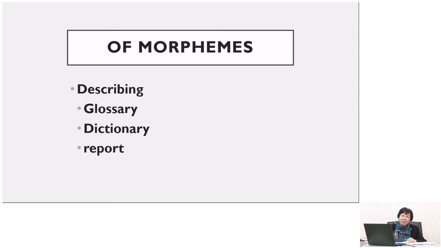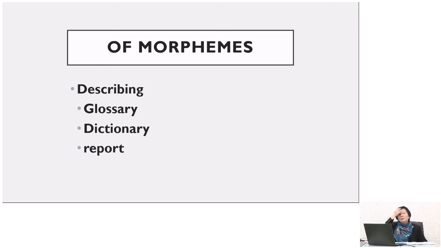For example, the good glossary is the description of the word. For example, the word that contains meaning, function, and forms. And if it is perfect, you can tell about the pronunciation as well, okay?